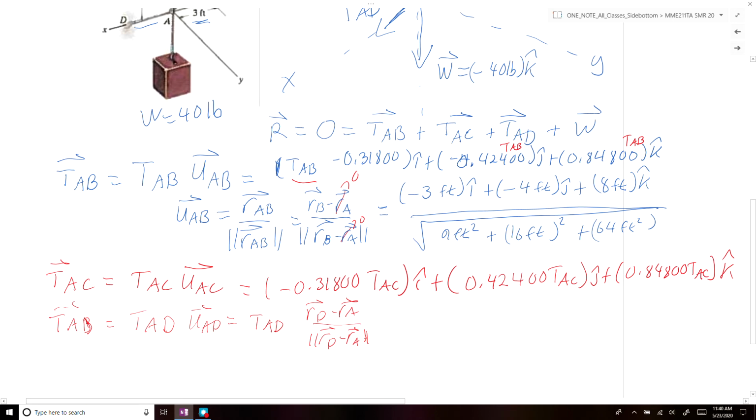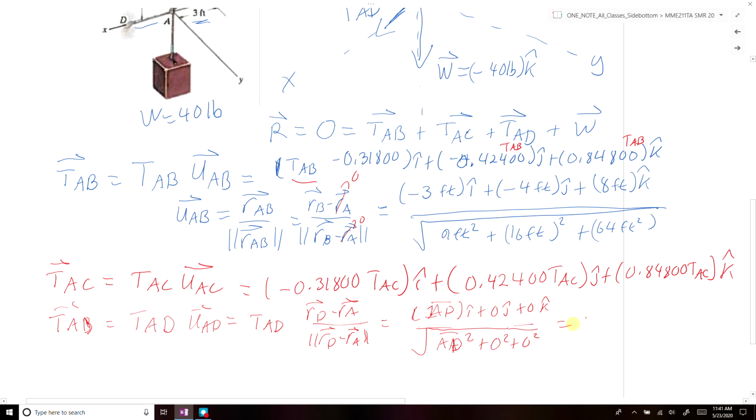The nice thing here is that point D only has an x coordinate, so its unit vector is going to end up being equal to the length of AD i plus 0j plus 0k divided by the length of AD squared times the square root of plus 0 squared plus 0 squared.